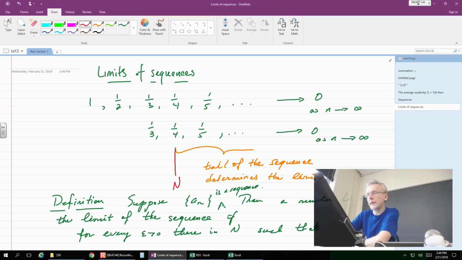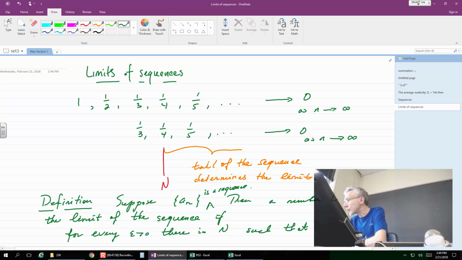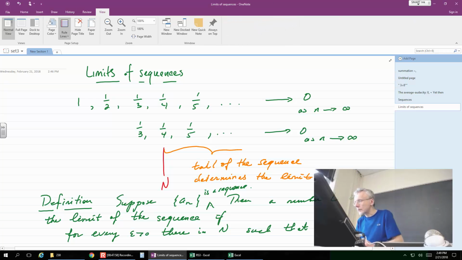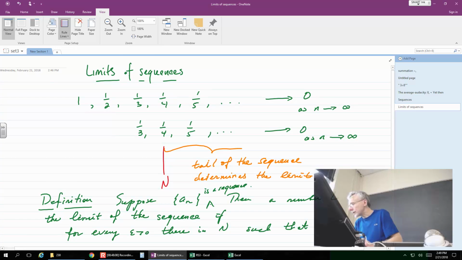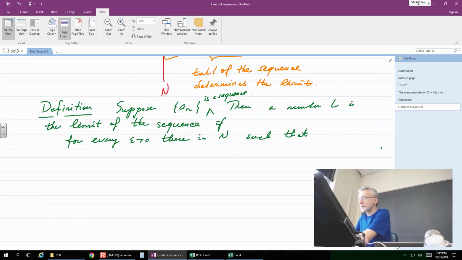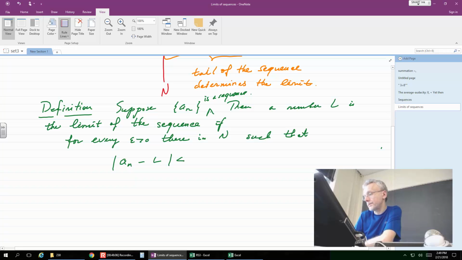So if we progress as far as necessary in order to get close to L, such that |a_n minus L| is less than epsilon. Okay, we'll discuss this some more next time.